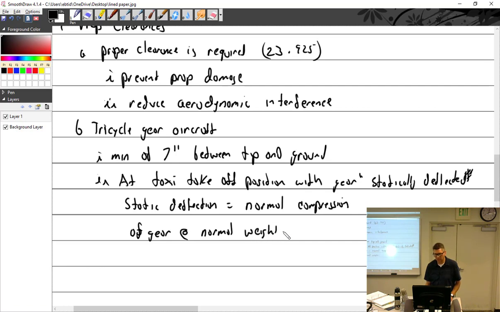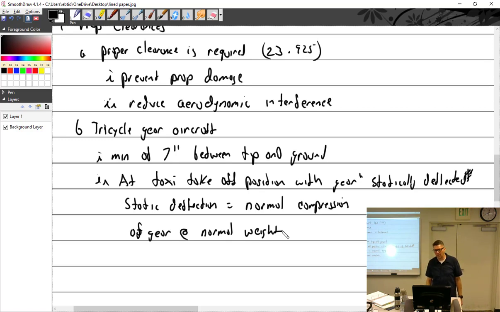Most tricycle gear aircraft, like Cessnas, have spring gear in the back and an air oil strut on the front. And it says the air oil strut should be 4 inches. Okay, so it's 4 inches, and I do all the maintenance, it's 4 inches.